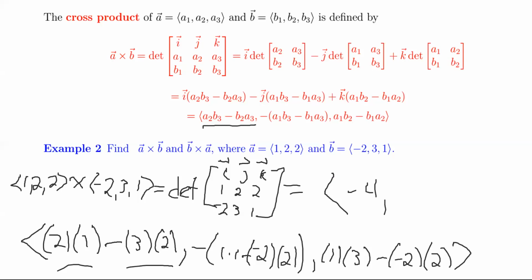Then we have negative of 1 minus negative 4. 1 minus negative 4 is positive 5, but then we have a negative out in front, so that is a negative 5. And then we have 3 minus negative 4, which is 3 plus 4, which is 7. And that should end that example. We have negative 4, negative 5, 7 there.